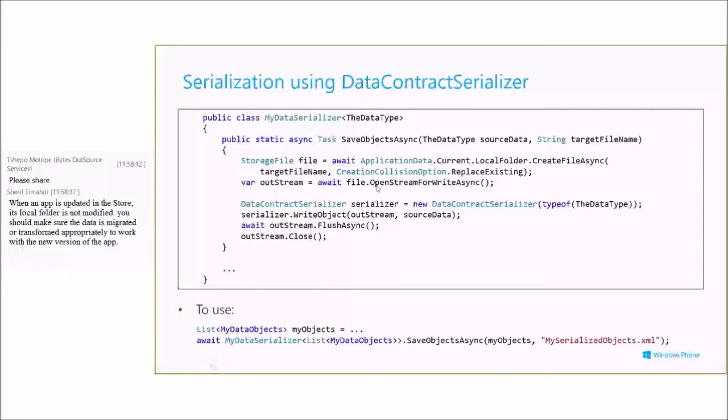which is an open stream for writing asynchronously. Instead of a stream writer, which we used for writing strings in the past examples, we create a data contract serializer, of the type that you've passed. In this example, it will be my data objects.